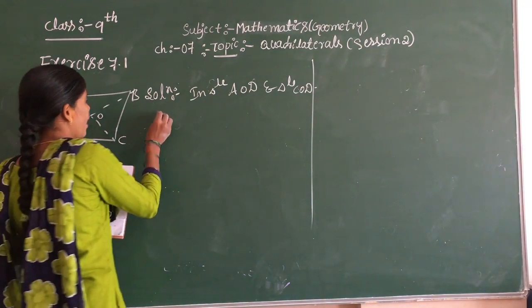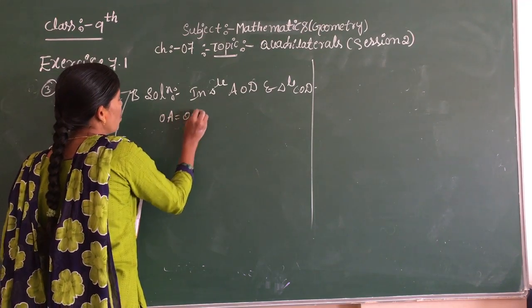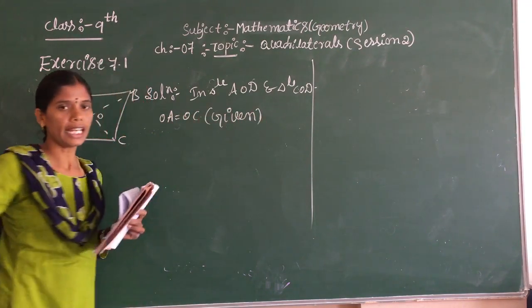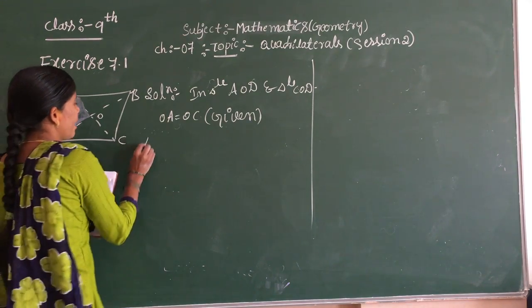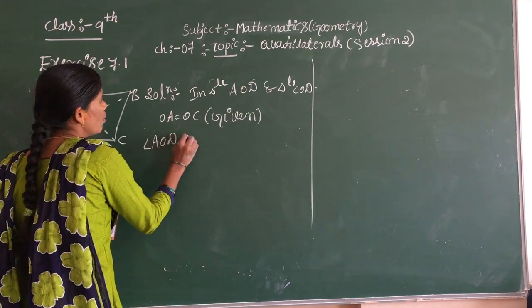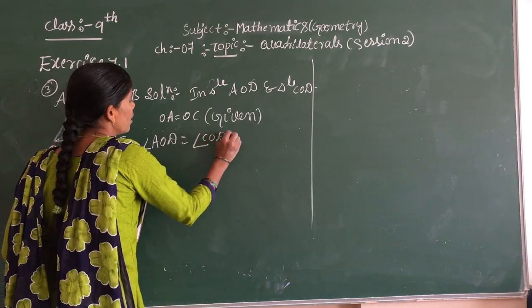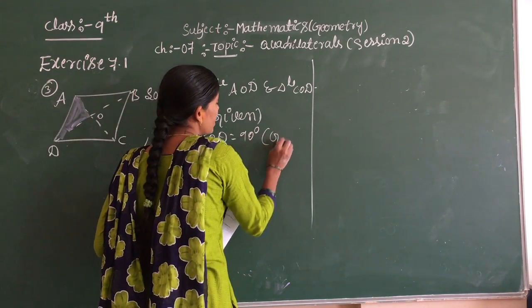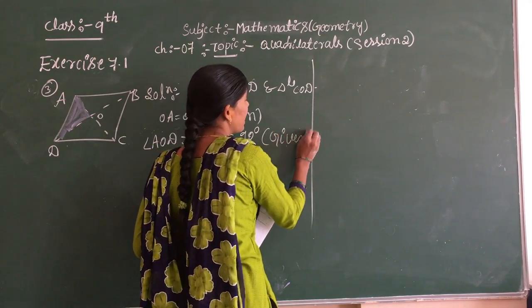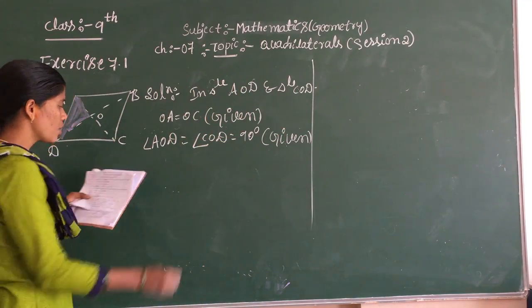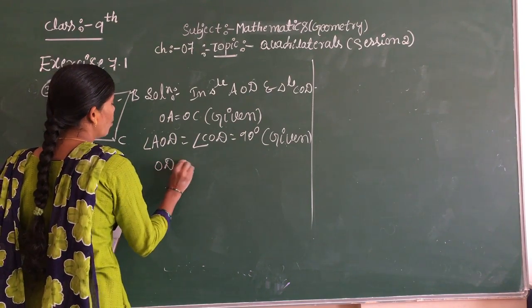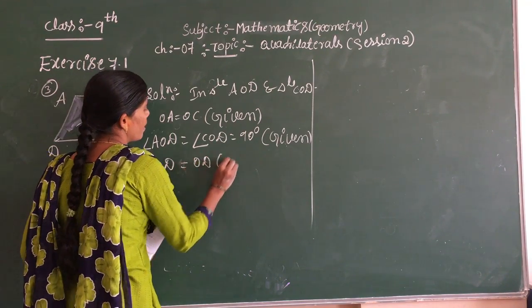In COD, OA is equal to OC, as given. In the question only it is given that angle AOD is equal to angle COD is equal to 90 degrees. Why? Because this is a right angle triangle. Now next, OD is equal to OD, which is common.